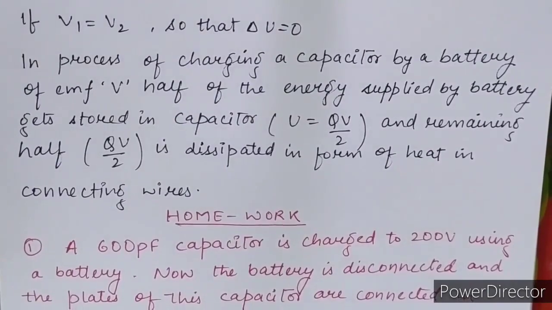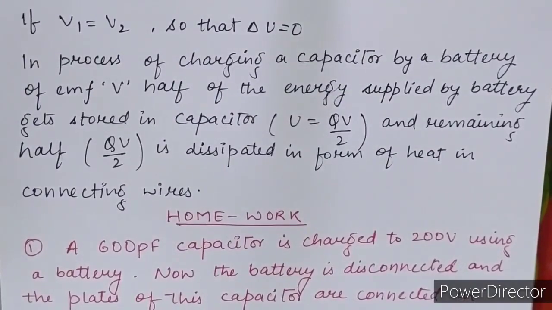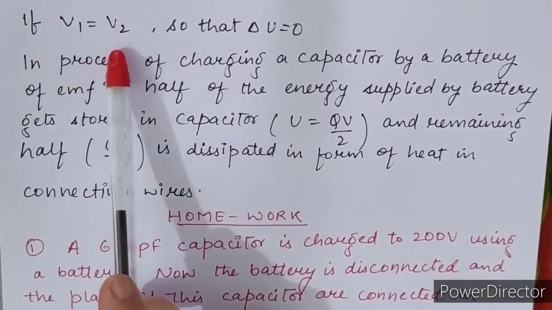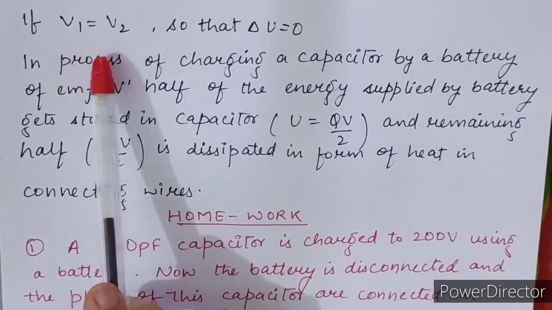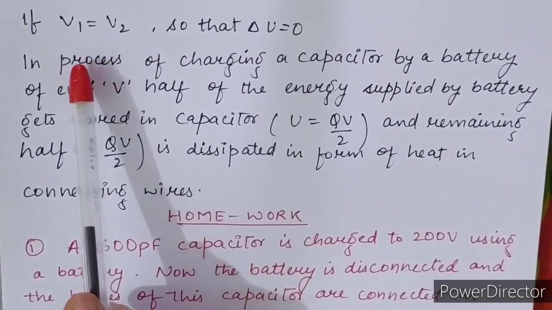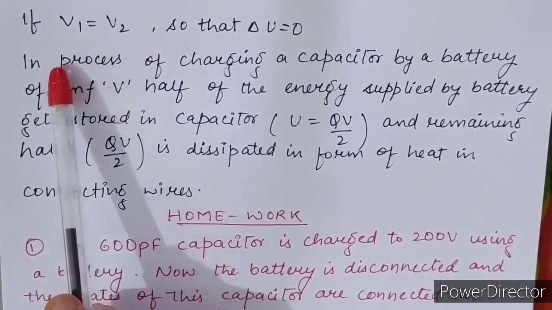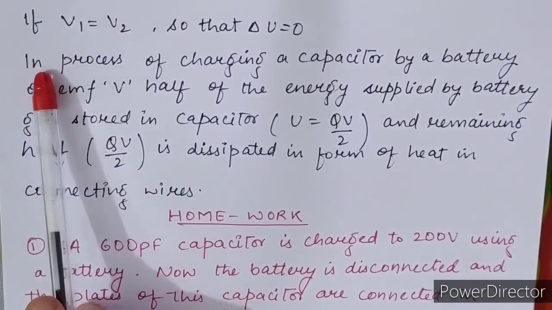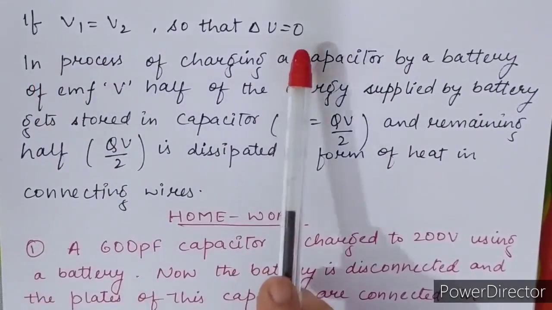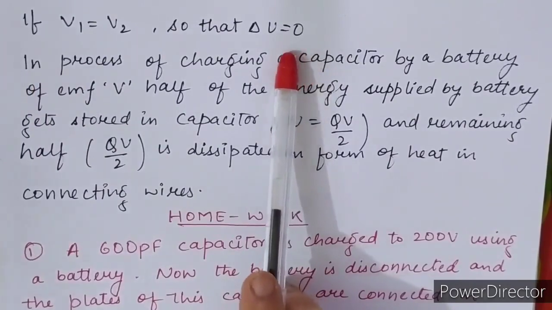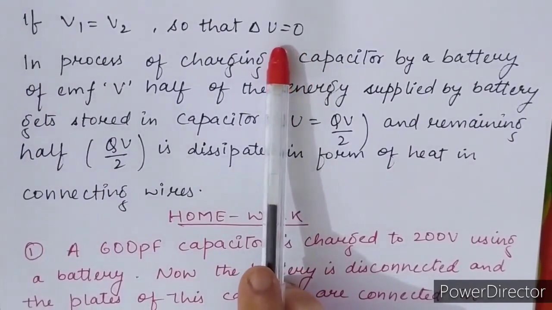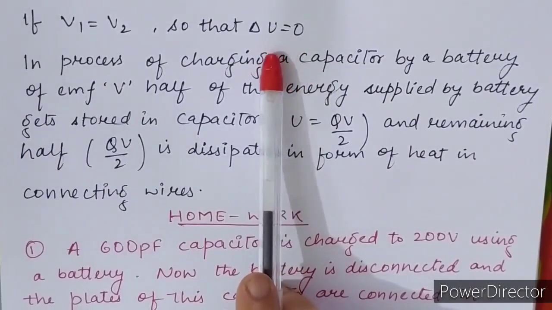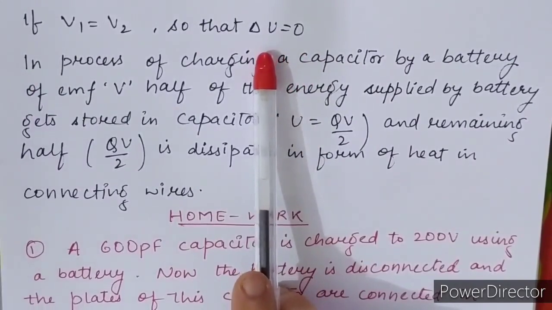Now we have to calculate the value of energy loss. In this energy loss, if V1 and V2, both the potentials, are equal to each other, what will be the value of energy loss? It will become 0. If you put V1 and V2 as the same, then delta U will become 0.